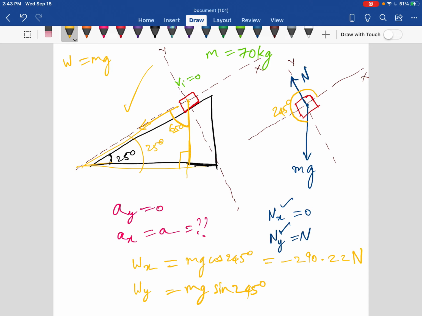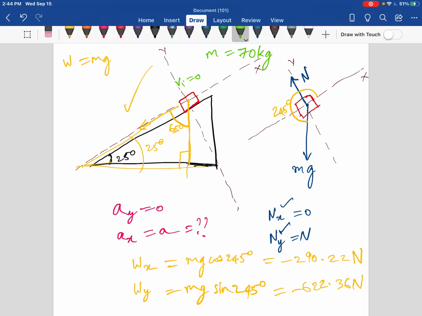Don't forget the unit for weight is also newtons, because weight is the gravitational force on an object, right? So weight is a force, so it has to be units of newtons. Let's do the same for this. Sine 245 degrees, again I get a negative value, which makes sense, times 70 times 9.81, negative 622.36 newtons I have. I was able to split these into components.